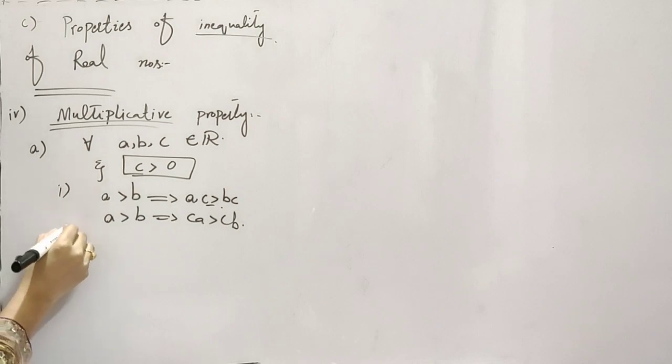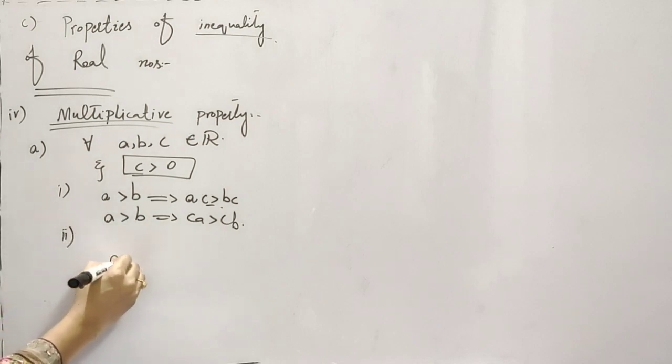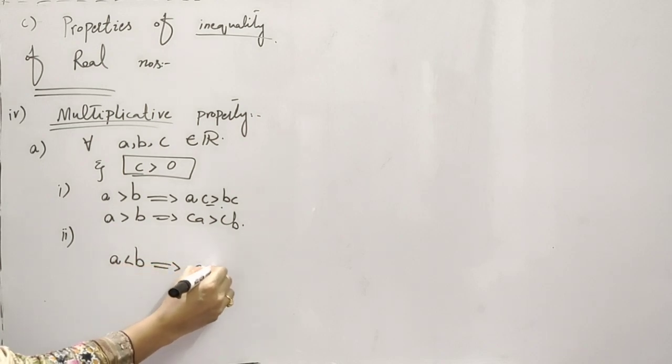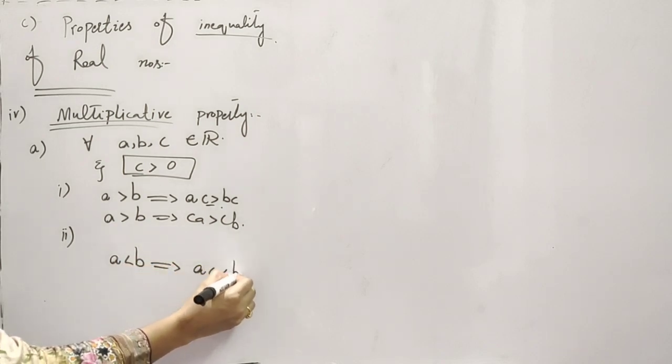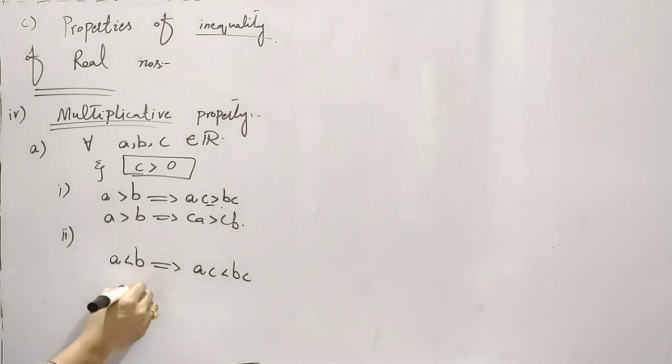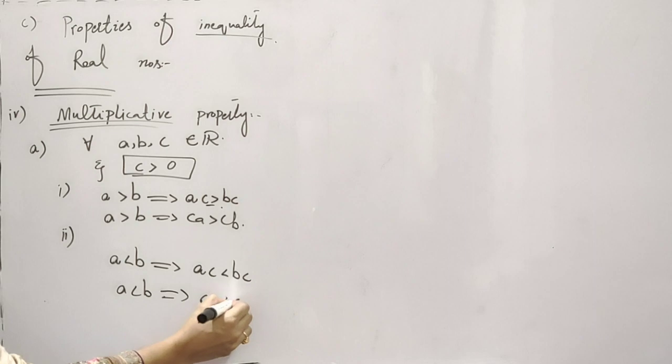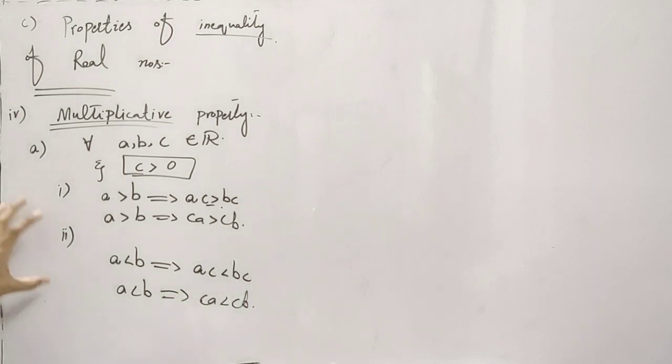And the second property is if A is less than B, it implies that AC is less than BC, or it implies that CA is less than CB. And this is the multiplicative property of inequality of the real numbers for C is greater than 0.